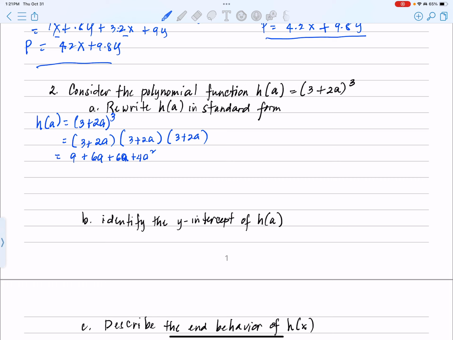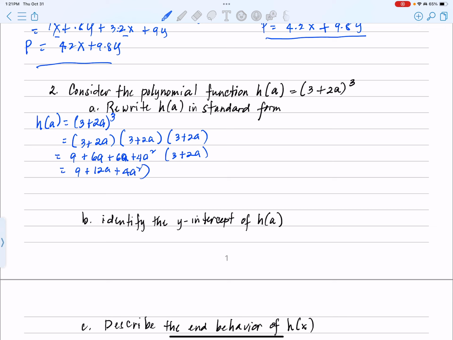Then 3 plus 2A. By simplifying, you come out with 9 plus 12A plus 4A squared.